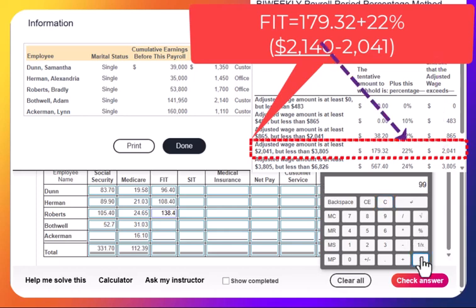And then we're going to multiply that by 22%. So go ahead and hit 22 and percent. 21.78, but then we have to add 179.32. So 21.78, let's remember that number and retype that in because after hitting the percent key again, it's going to mess with us. For 201.10.